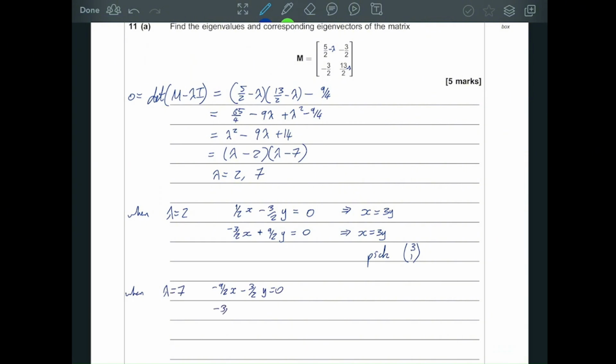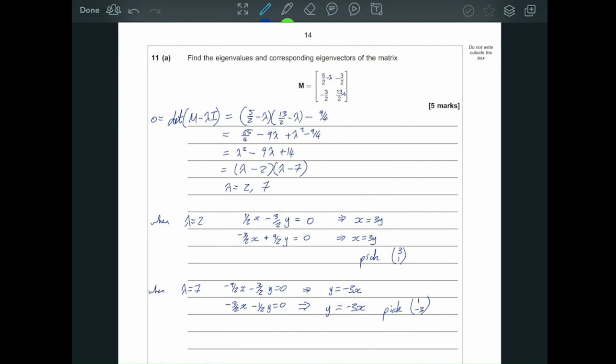The second one, minus 3 over 2x, and 13 over 2 minus 7 gives me minus a half y. Simplifying each of those, that one, I'm going to be forced to have a negative, but then let's say that's y equals negative 3x. If I move the y term over and divide, and if I do a similar thing on this one, move the y term over and divide, we get exactly the same. So let's pick, if we choose x to be 1, then y is negative 3.